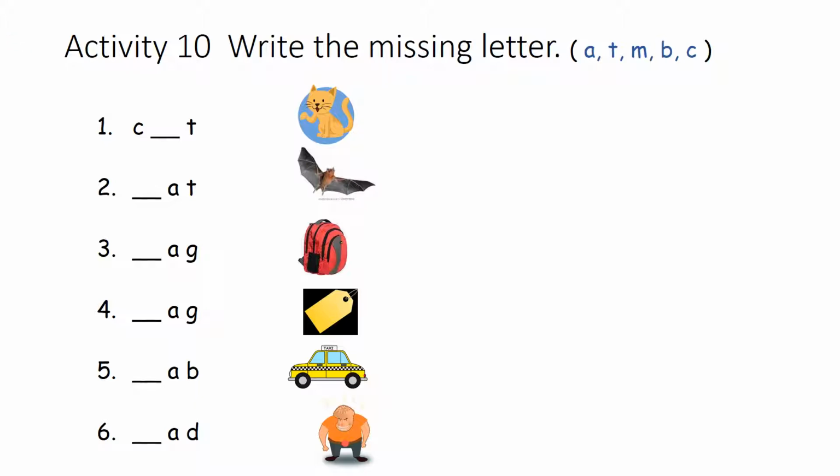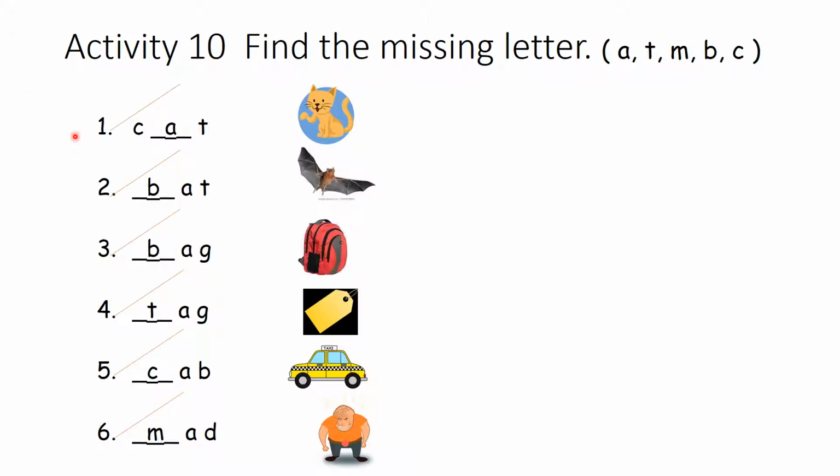Let's continue. Let's check. Number 1, it's letter A, cat. Number 2, letter B, bat. Next, letter B, bag. Next, letter T, tug. Letter C, cub. Letter M, mad.